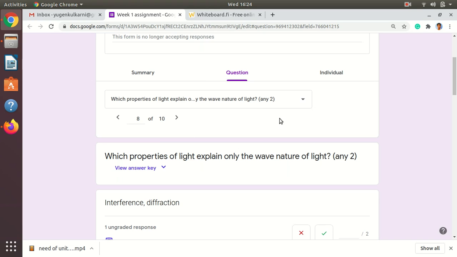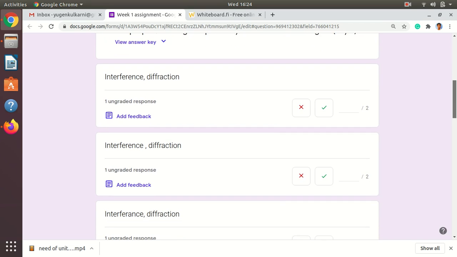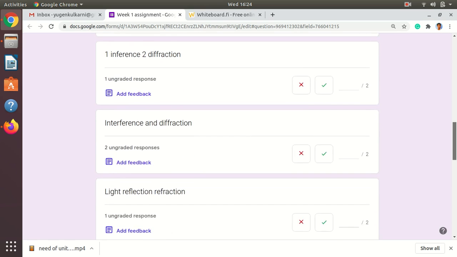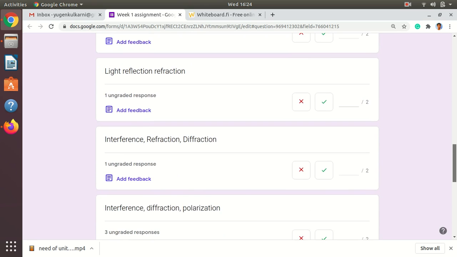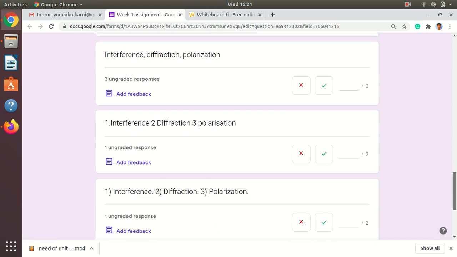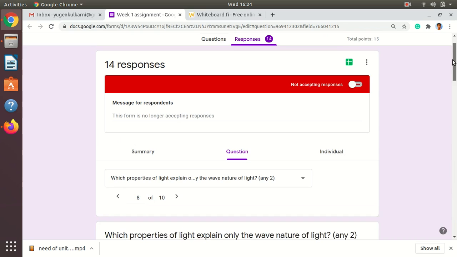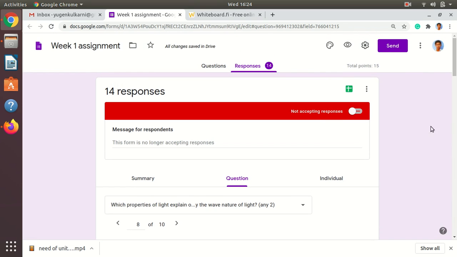Then similarly we have to find the phenomena which can be explained using the wave nature. So interference, diffraction, polarization are the correct answers. Some of you have written very good answers. Here also two correct answers will give 2 marks, otherwise one correct answer will give 1 mark. Even if you have written 3 correct, you will get 2 marks.